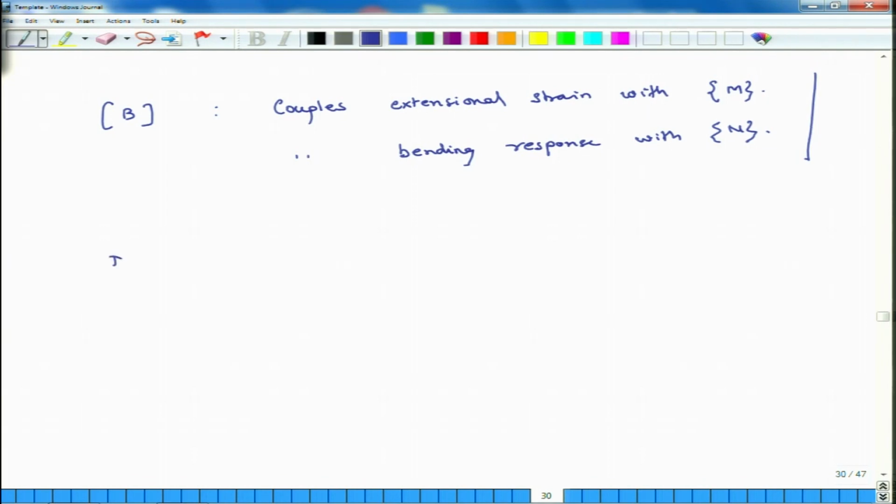And then finally we look at D16 and D26.